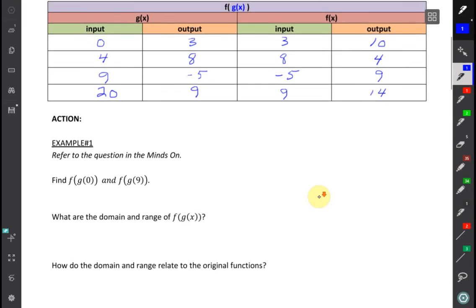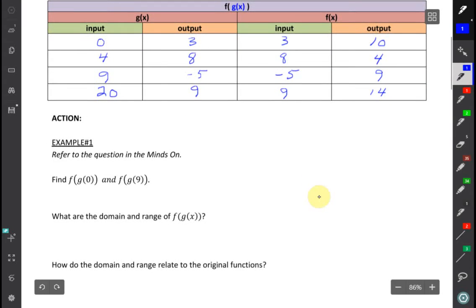Coming down here to the notation, we're supposed to find f at g at 0. Once again, I'm going to take a moment and break this down. g at 0, and we have it in our table now, g at 0 is 3.